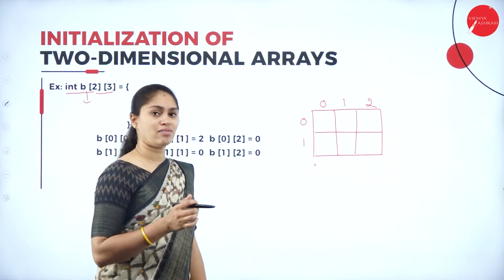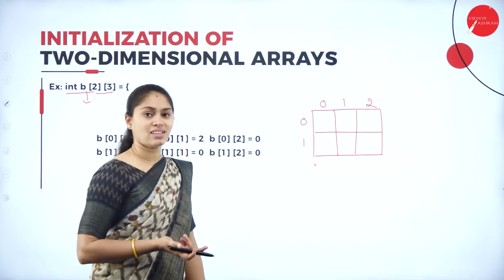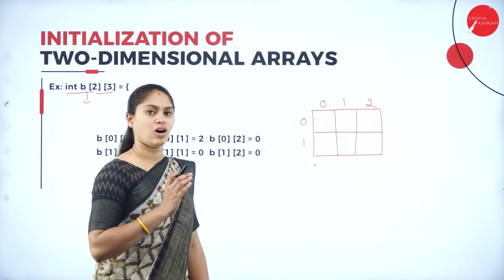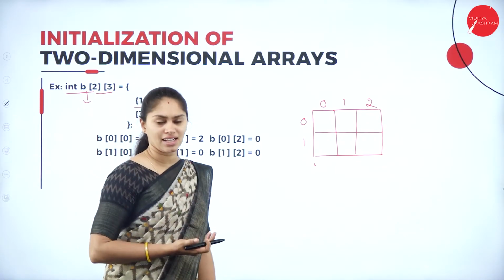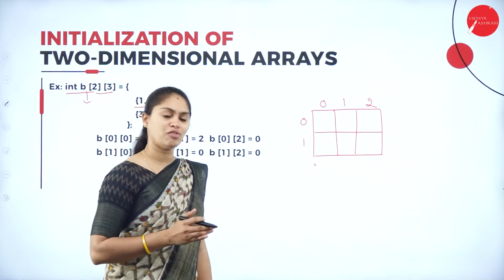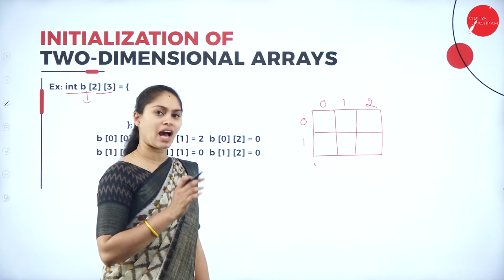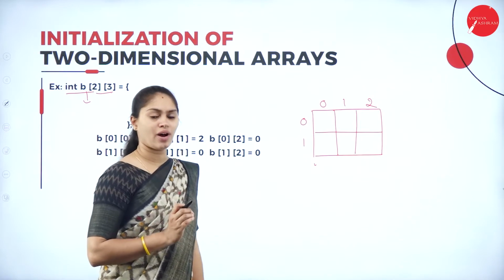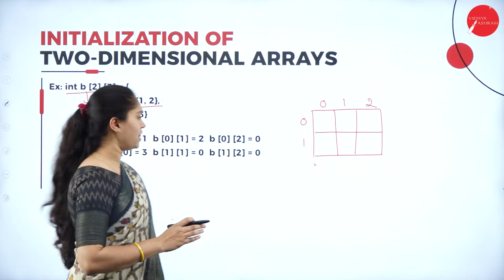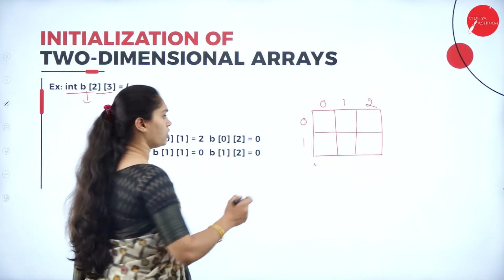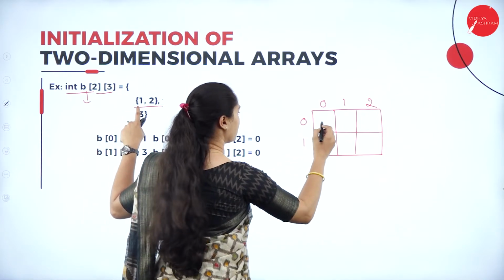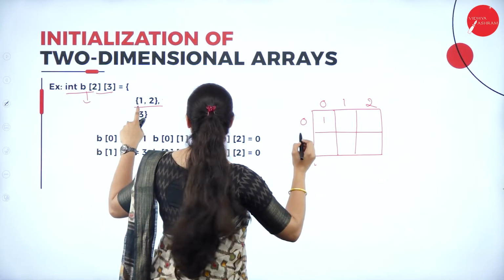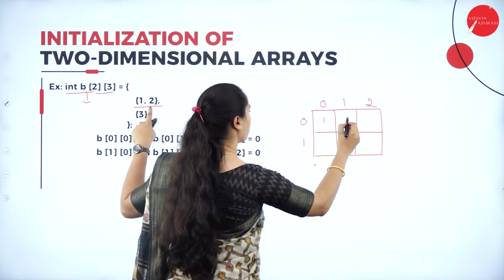So when we have fewer elements than the size of a matrix or than the size of this array initialization, by default the compiler will assign 0 as the value for those. We'll fill the values here, 1, 2. So 1 is the first element in the 0th row and 0th column, and 2 will be in the 0th row, first column.